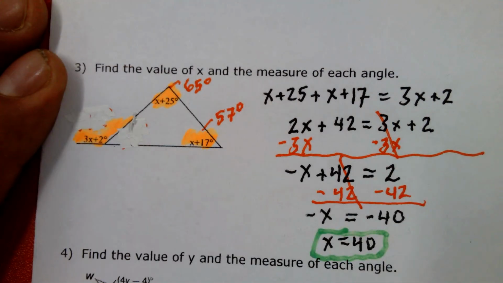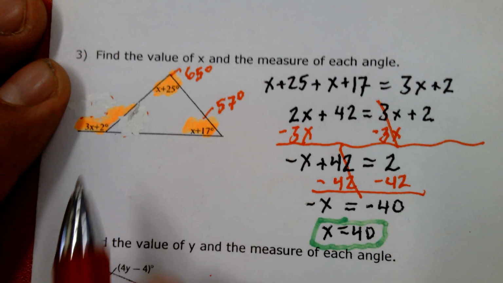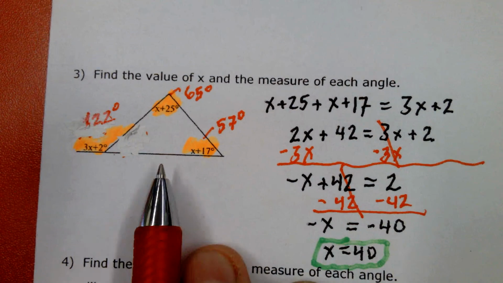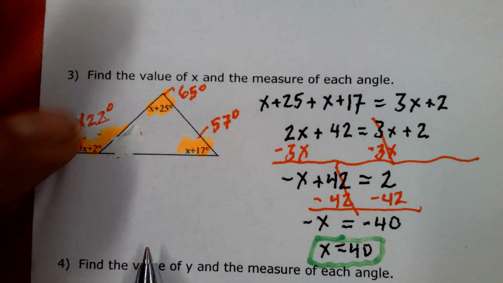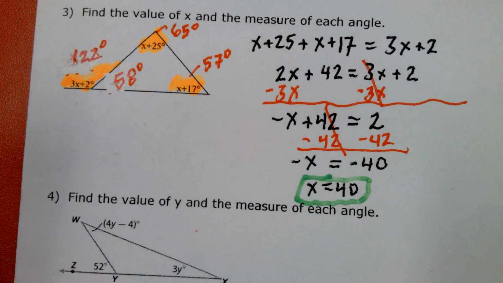Okay. So 3 times 40 is 120 plus 2 is 122. And what's 180 minus 122? Yeah. Okay. All right.